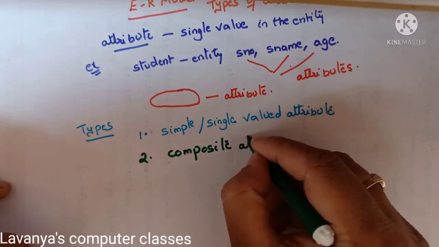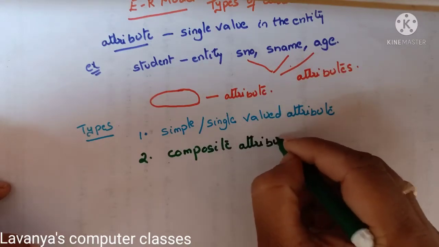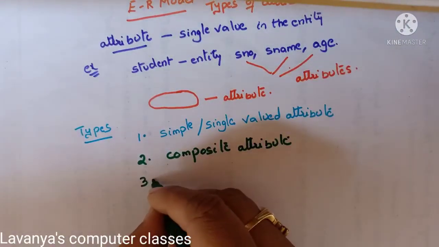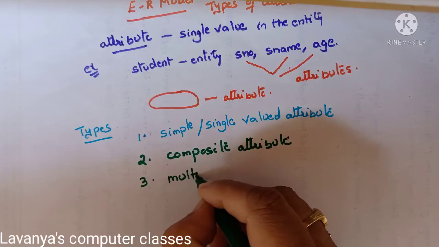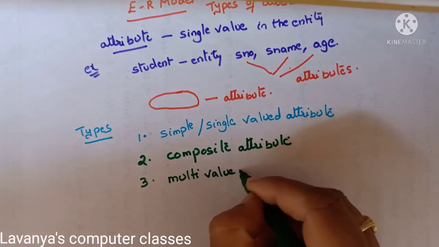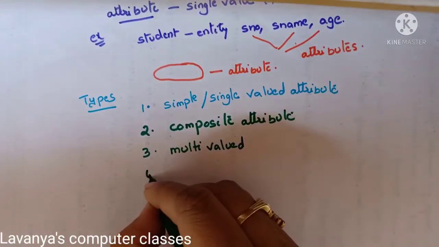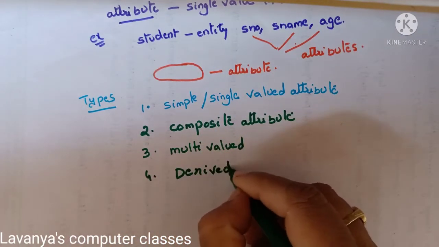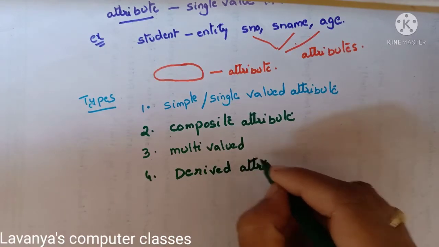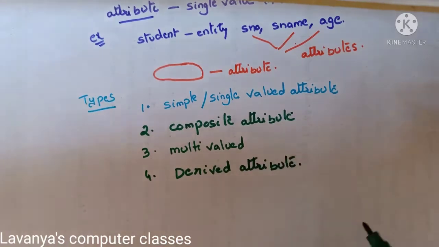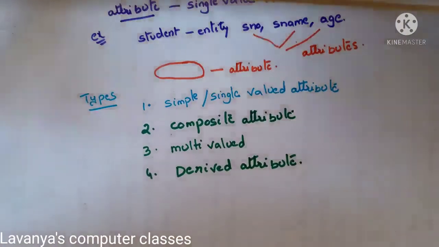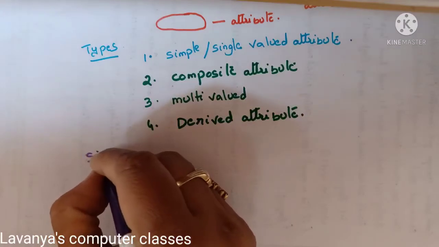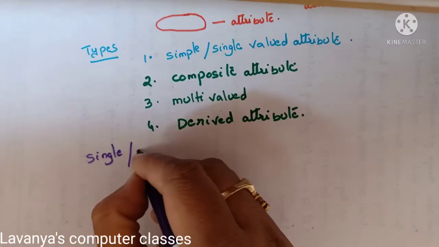The third one is multi-valued attribute; the opposite of single valued is multi-valued. The fourth one is derived attribute. So these are the types of attributes: single valued or simple, composite, multi-valued, and derived. Now we'll explain each one.